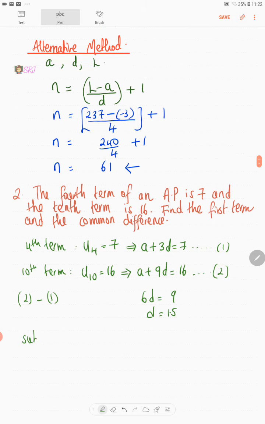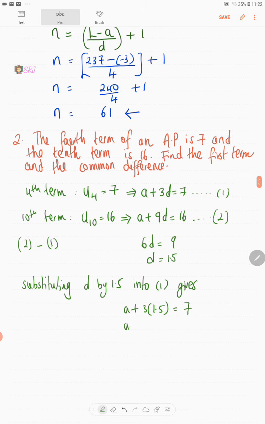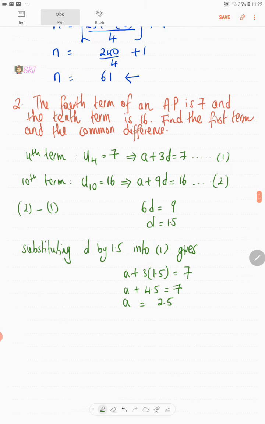Substituting d by 1.5 into equation 1, this gives a plus 3 times 1.5 is equal to 7. We have a plus 4.5 is equal to 7. a is equal to 2.5.